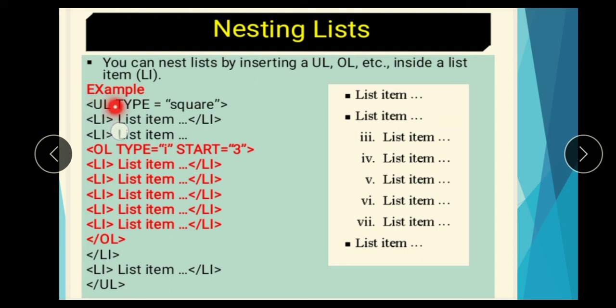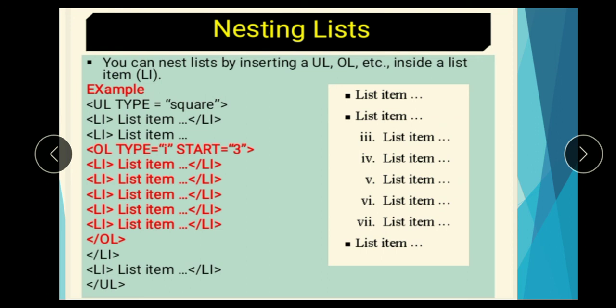For example, unordered list type equal to square, list item first, second. After that ordered list type I start 3. List items are given here, and the ordered list is closed, and after that the LI list item and unordered list close. When you write this code you find such an output result.